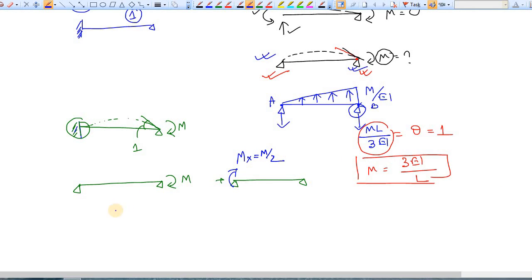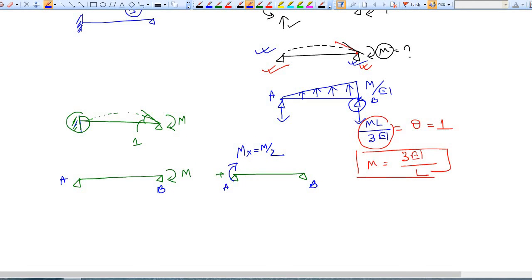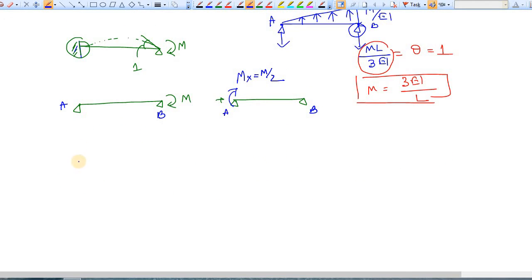Now we will separately calculate the rotation at support B. This is A, this is B. For the left one, again apply the conjugate beam method. This is the M by EI diagram.